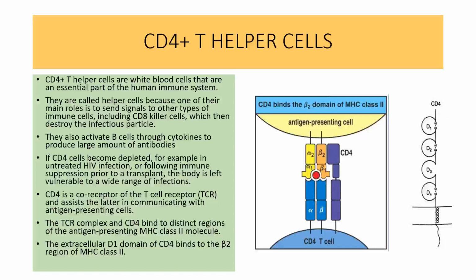So, CD4 is the co-receptor on the T cell receptor and assists the latter in communicating with the antigen presenting cell. In this diagram you can see that CD4 consists of four loops, D1, D2, D3 and D4, with a transmembrane segment and tail.